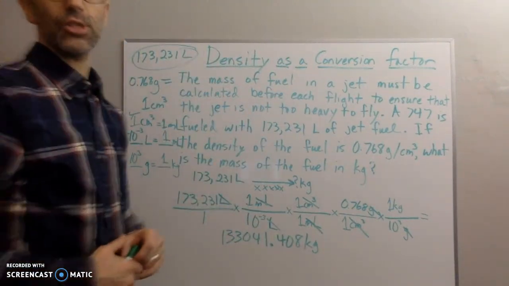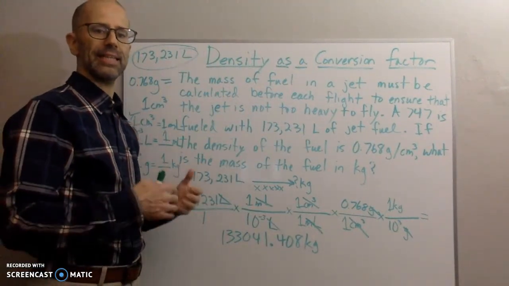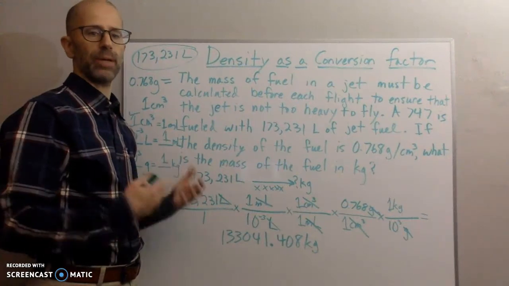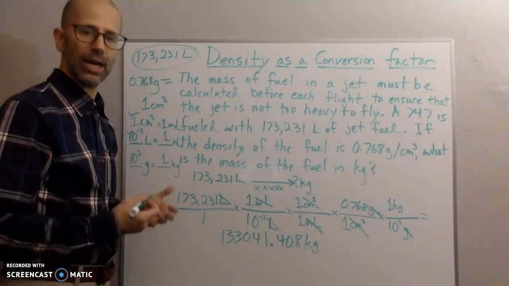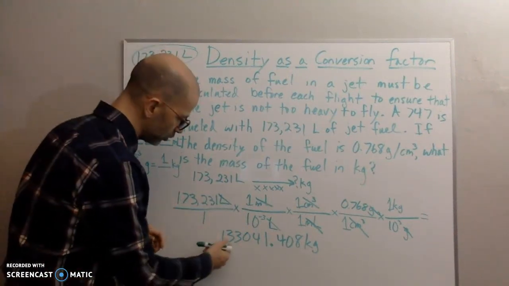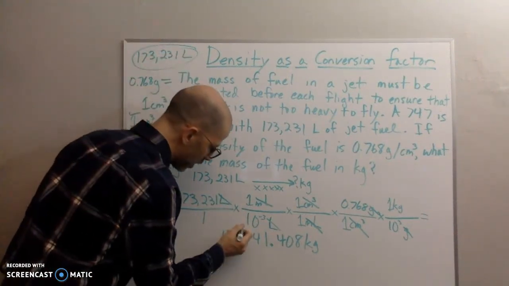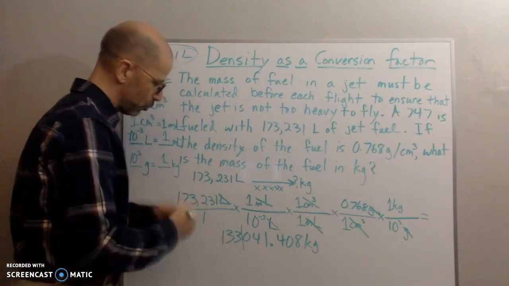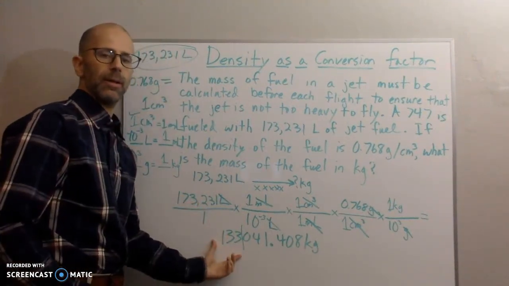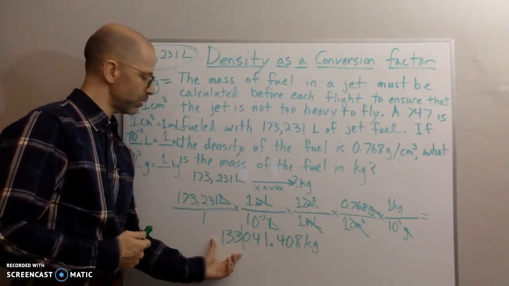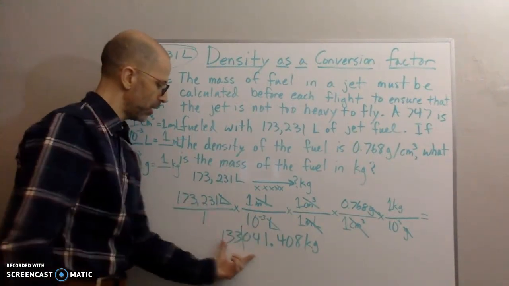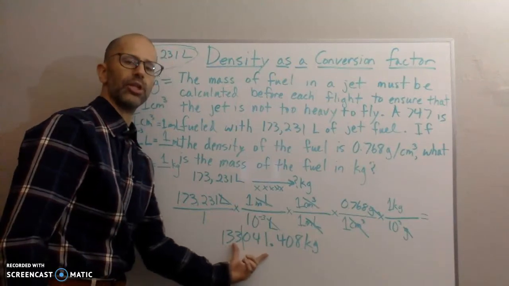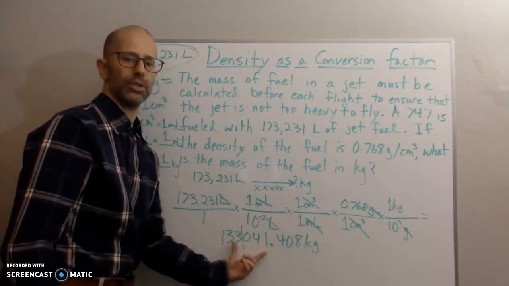My answer can only have the least number of sig figs that I multiplied and divided by. The least number is 3, so I'm only allowed 3. So 1, 2, 3. I cut it off here. I keep the 1, 3, 3. Now students sometimes will just keep the 3, 3, 3 and forget the rest. But look at this, this is 133,000, not 133.